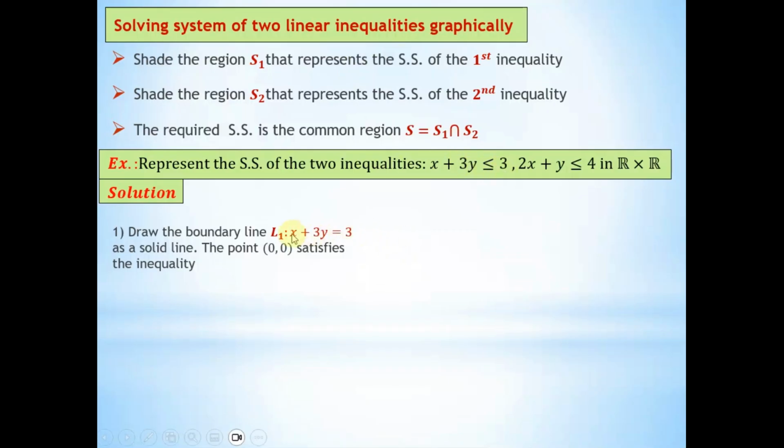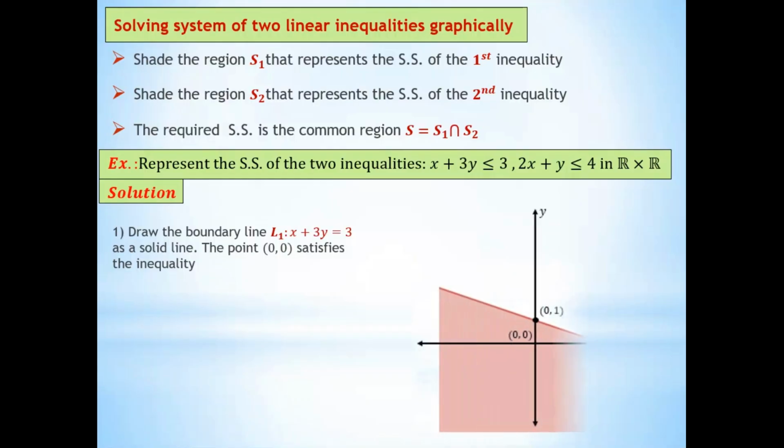Put x equal 0, you get y equal 1. Put y equal 0, you get x equal 3. So (3, 0) and (0, 1) are 2 points on the line.